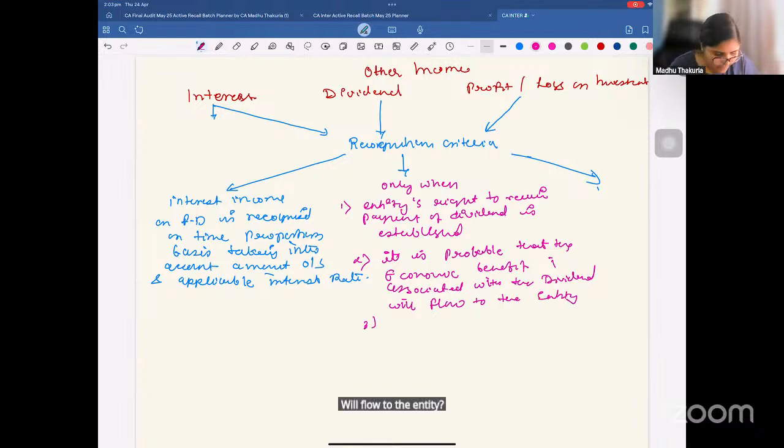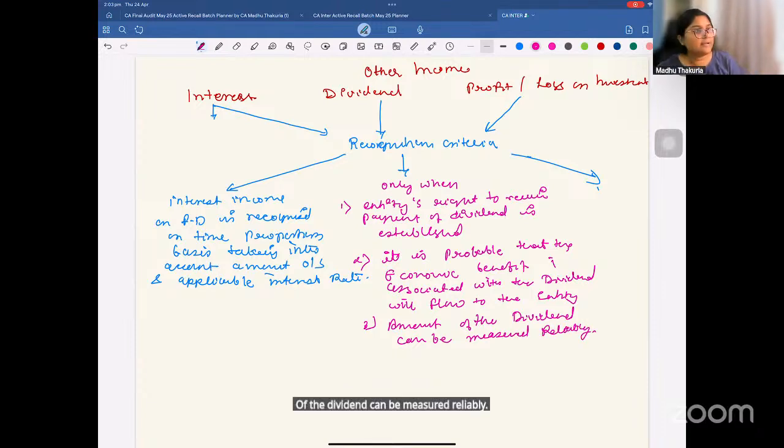And third, the amount of the dividend can be measured reliably. There are three things.